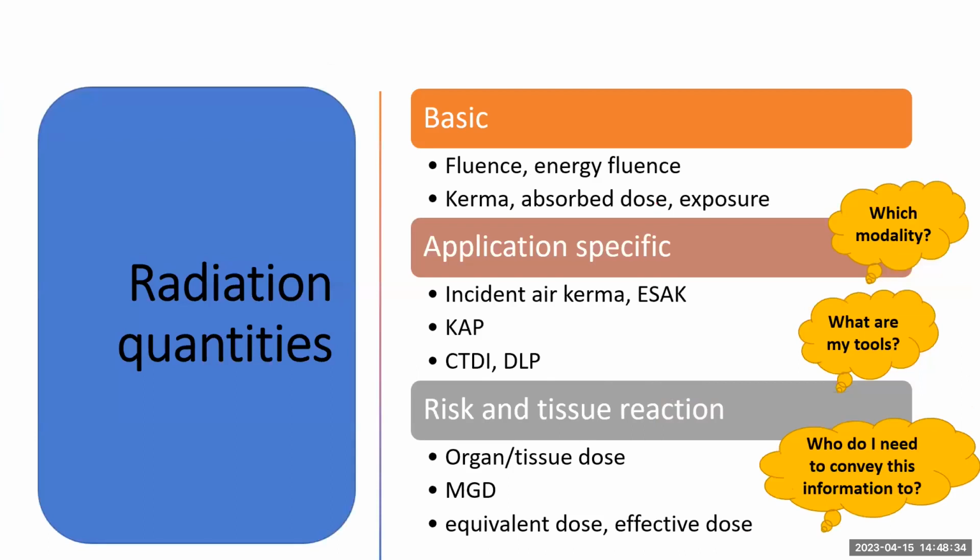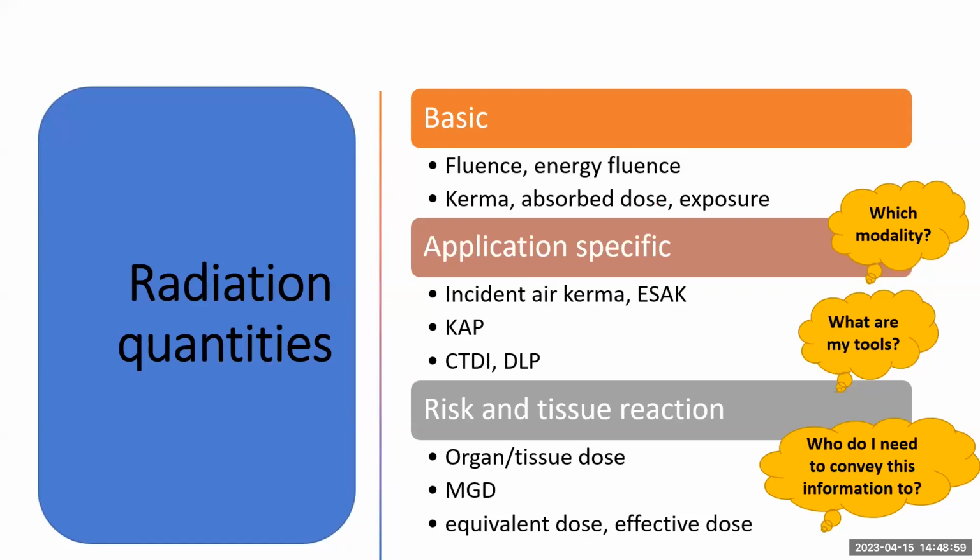TRS 457 outlined the radiation quantities that are used in diagnostic imaging. It divides them basically into 3 categories. The basic quantities cover fluence, energy fluence, Kerma, Kerma rate, absorbed dose, exposure.